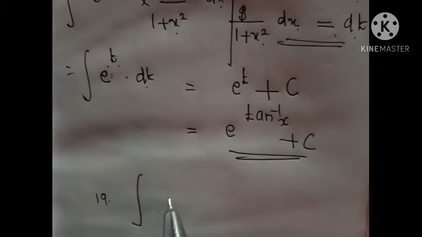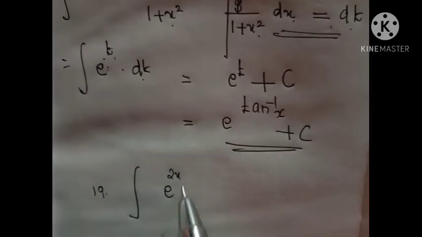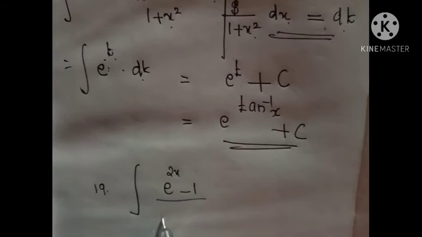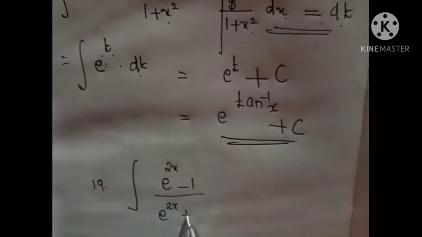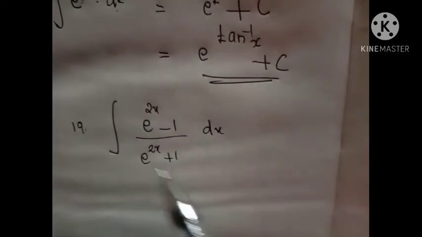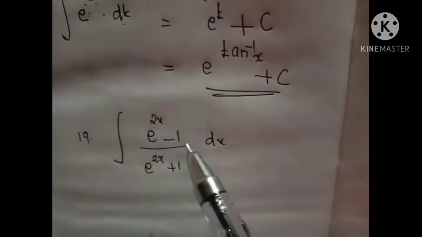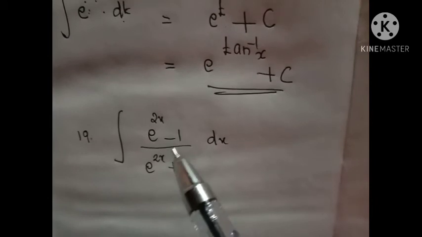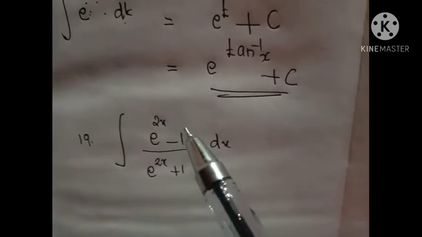Okay. Now see another question. Question number 19. Integrate e raised to 2x minus 1 by e raised to 2x plus 1 dx. If we get a question, first you have to look, is there any chance of getting a derivative form of a function?